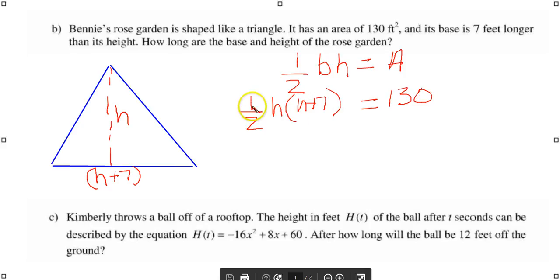Well, I'd get rid of my 1/2 by multiplying both sides by 2, because this is one term. So here the 2's just cancel out. I can save a little room by doing that. And this is going to be 260, so I'll just change this to 260 here.